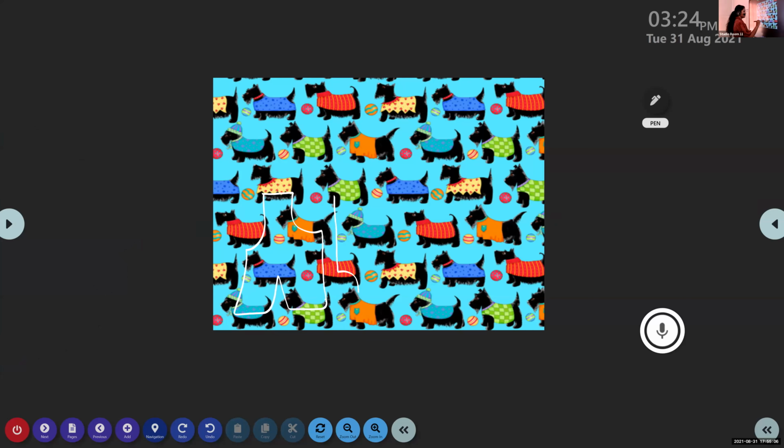This is the first front pattern, and this one is also front. This is left side pattern, and this is right side pattern. And now let me know what will happen if we join the left side and right side pattern together.